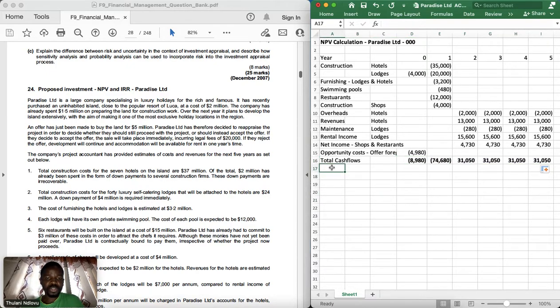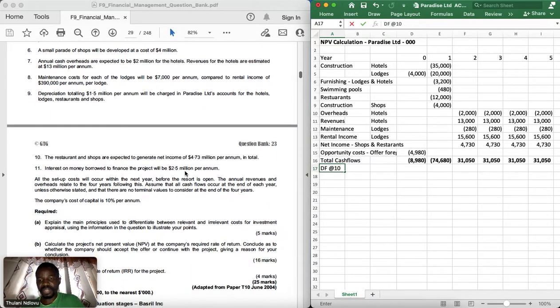So we have our total cash flows, then we discount at the discount rate.